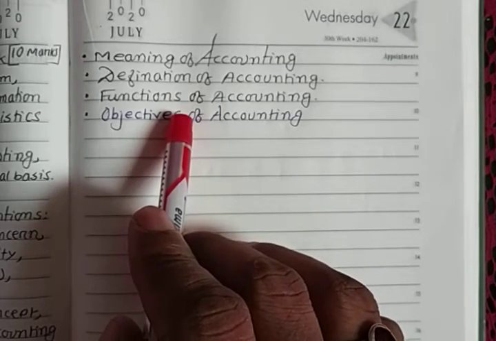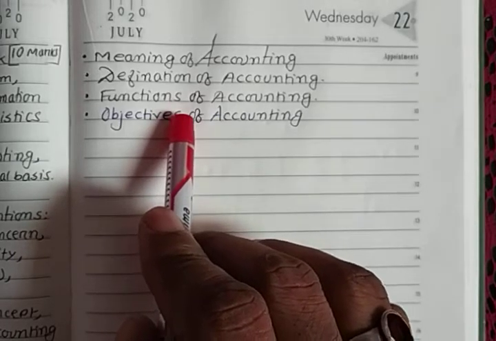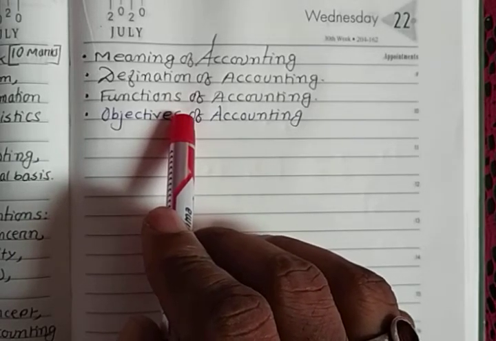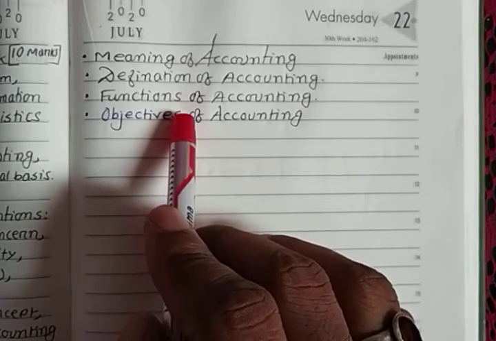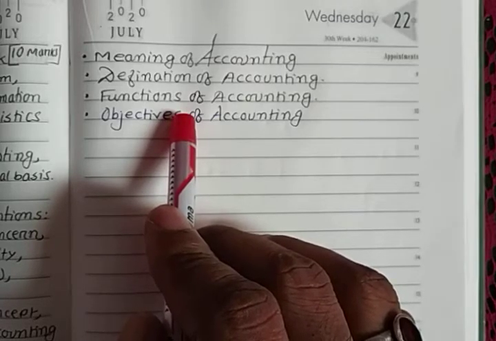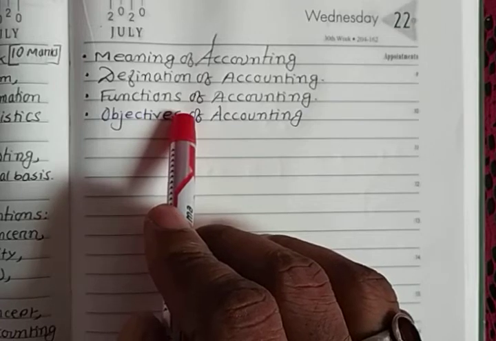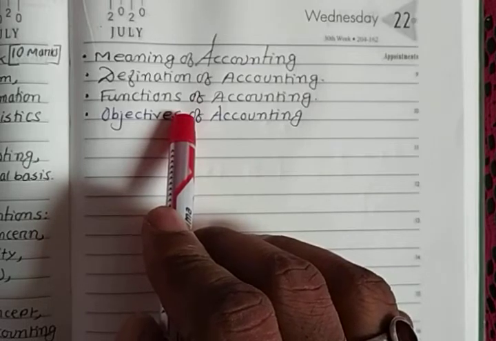Measurement. What is meant by measurement here? Accounting measures past performance of the business entity and depicts its current financial position. Second, forecasting. Forecasting means accounting helps in forecasting future performance and financial position of the enterprise using past data.